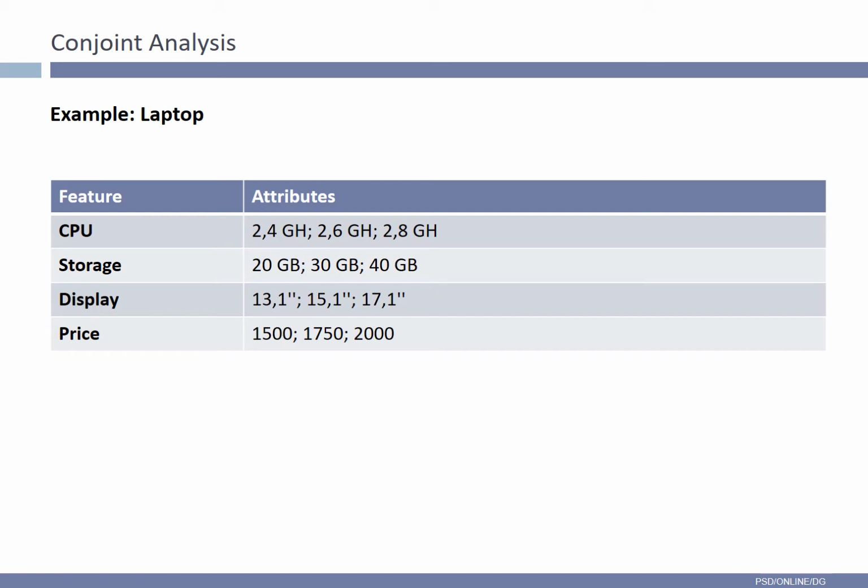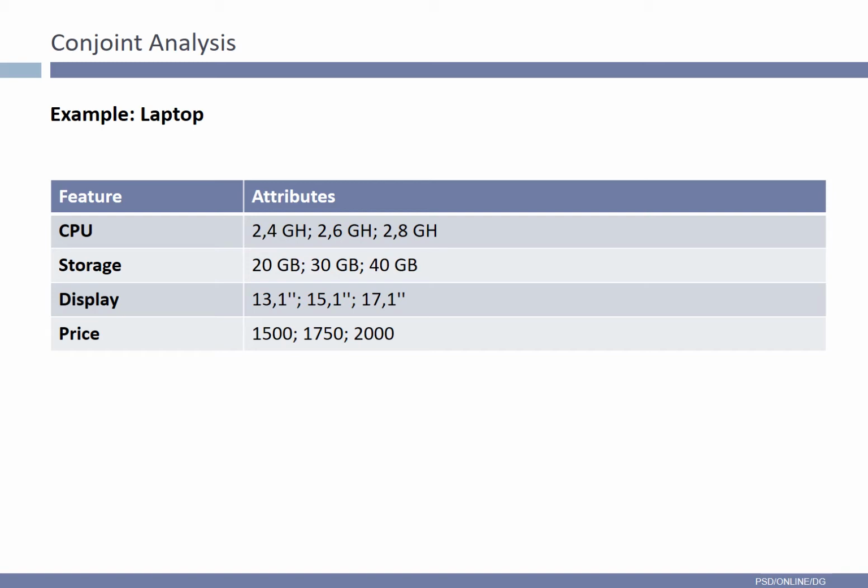So let's say you are a manufacturer of a laptop, and there are basically 4 features that you can design: the CPU, the storage, the display, and price. For the CPU, you can do 3 different attributes, so 3 different feature variants: 2.4, 2.6, and 2.8 gigahertz.